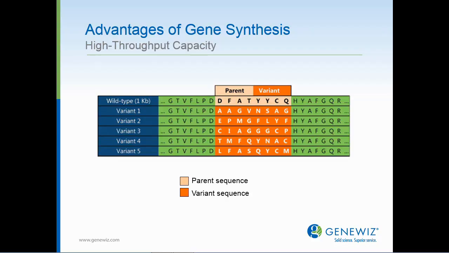As shown in the diagram here, an alignment of the original or parent protein with the desired isoforms allows for easy pinpointing of regions most suitable for designing specific oligos to rapidly create all of the different variants seen here based on the parent sequence as a template.